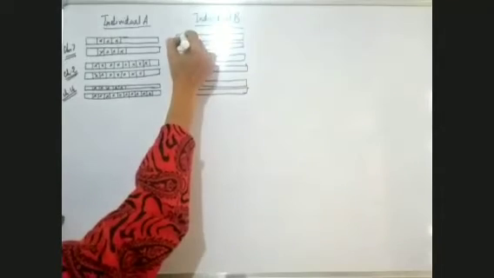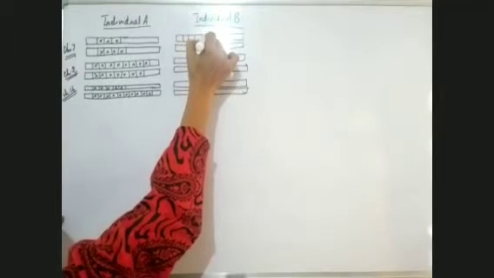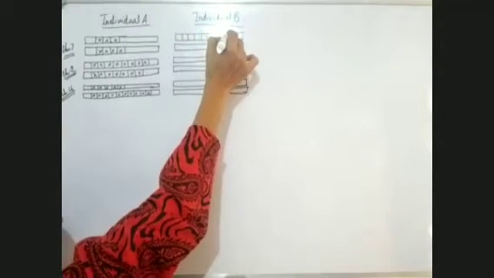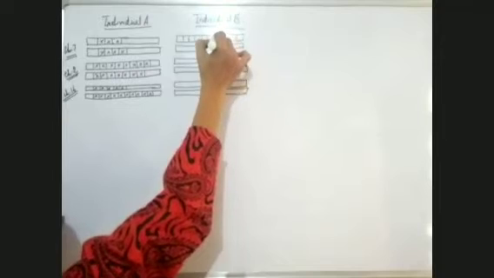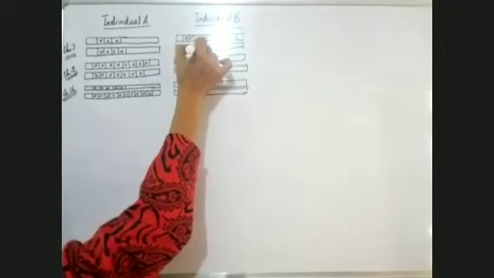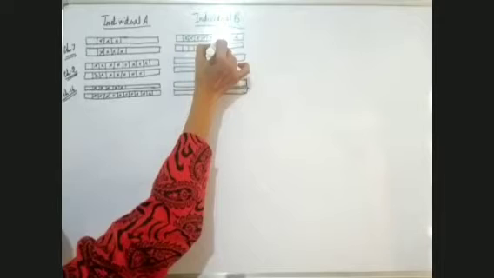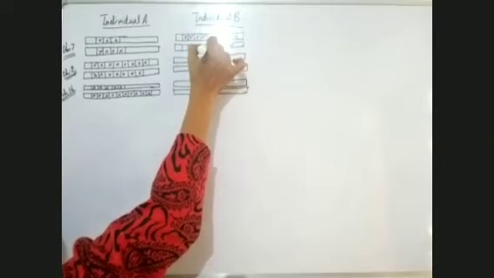Here we have 10: 1, 2, 3, 4, 5, 6, 7, 8, 9, and 10. The second one has 9: 1 to 9.